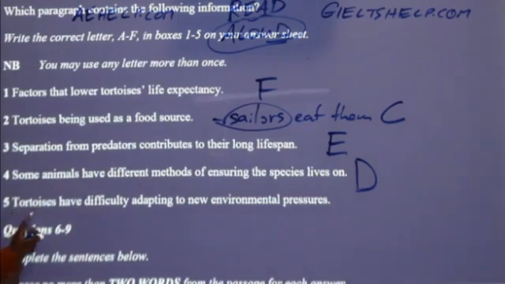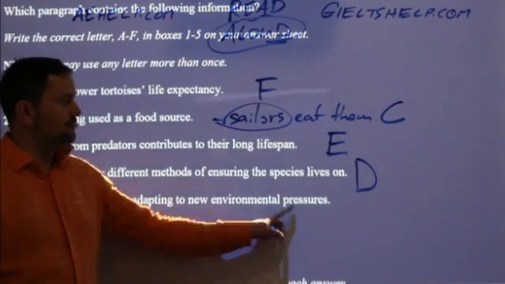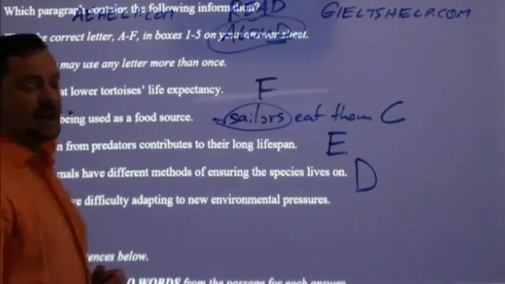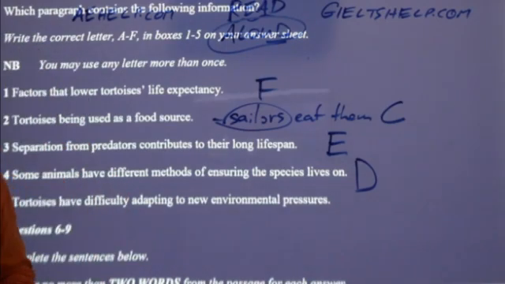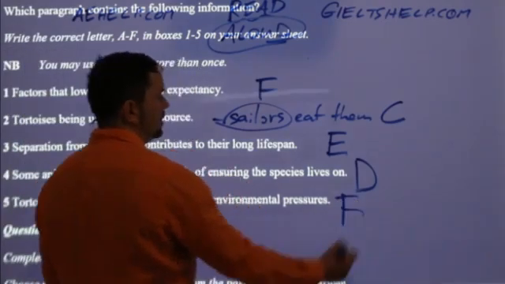Number 5, tortoises have difficulty adapting to new environmental pressures. Which paragraph talks about the fact that I'm a tortoise and I'm having some problems because I'm so slow and these people and these animals that were never here before? That was the conclusion. Okay, F.